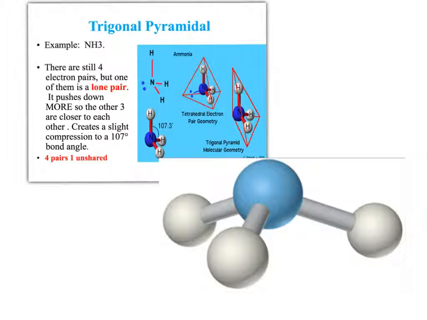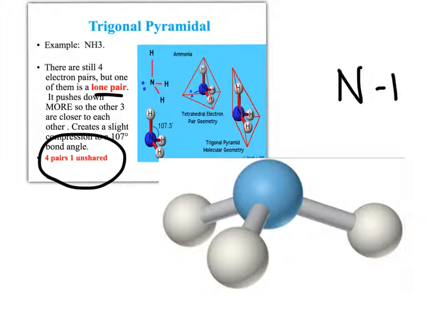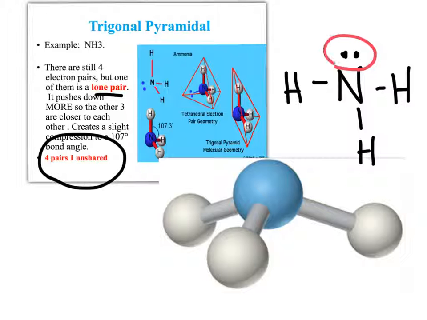Our next shape involves, again, 4 pairs of electrons, but one of the pairs is called a lone pair because it's not being shared. And this is what we see when you drew ammonia, like this. You had 3 bonds and 1 pair of electrons left over when we drew our Lewis structure. What's going to happen is this pair of electrons right here forces everything away from it.